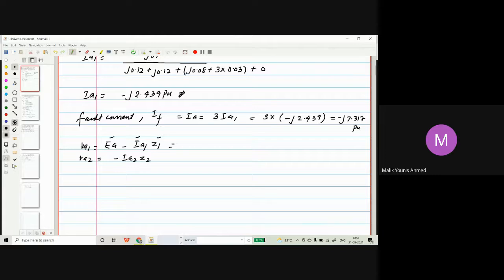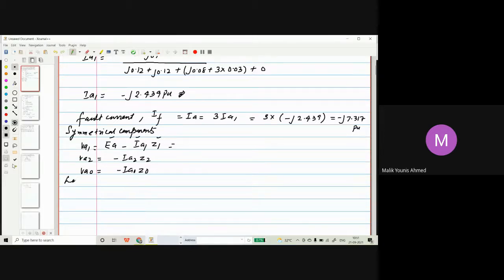IA2 is equal to IA1, you know that value. And VA0 is equal to minus IA0 Z0. Z0 you know, IA0 you know, that's equal to IA1. These are the symmetrical components.